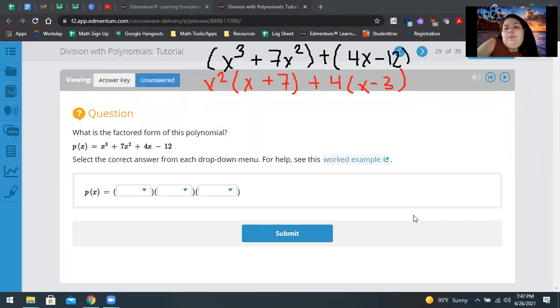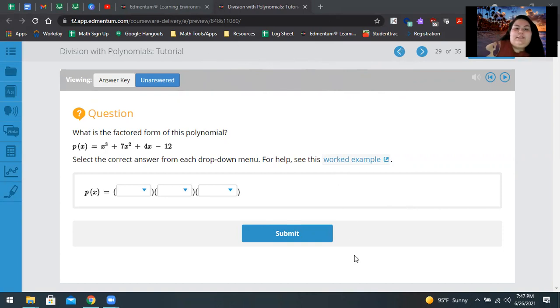Normally when I group, the parentheses need to be matching. They're not matching. I have two different sets here. So we're stuck a little bit in a sense of factoring by grouping is not going to work for this. So we can look at the worked example and see what they used.